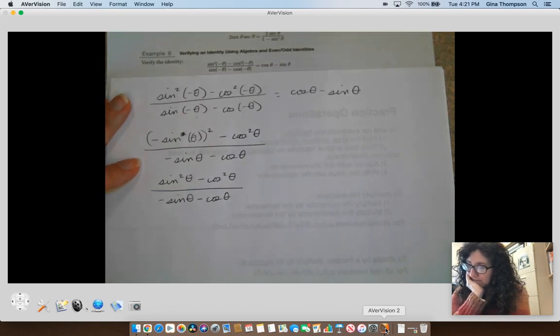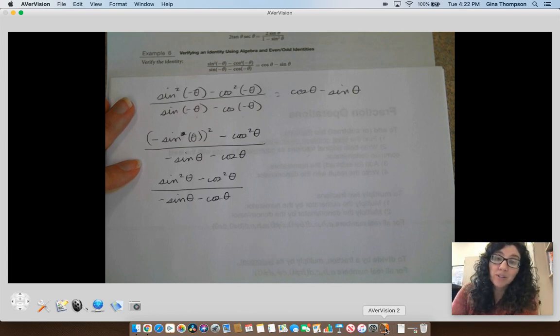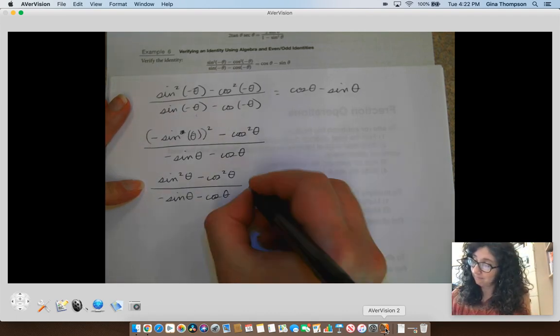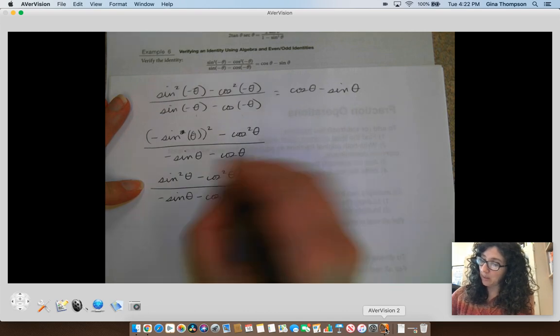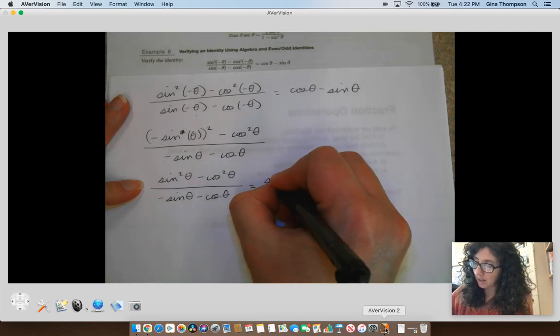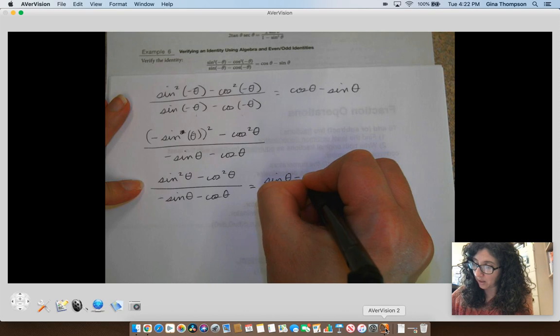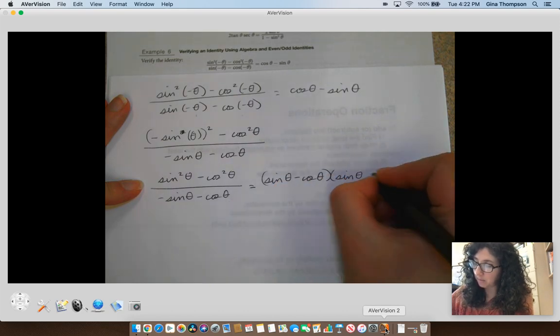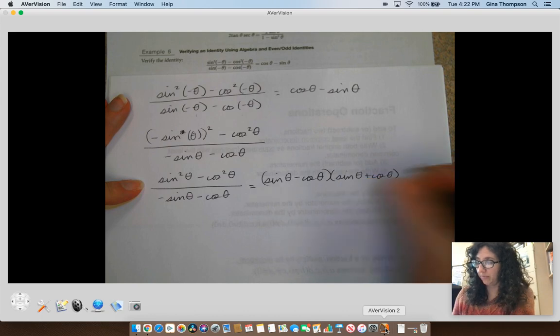Okay. What ideas do we have now? Got to use some algebra, some stuff from last semester, to notice this is a difference of squares. All right, so I could write this as sine theta minus cosine theta times sine theta plus cosine theta. See that?